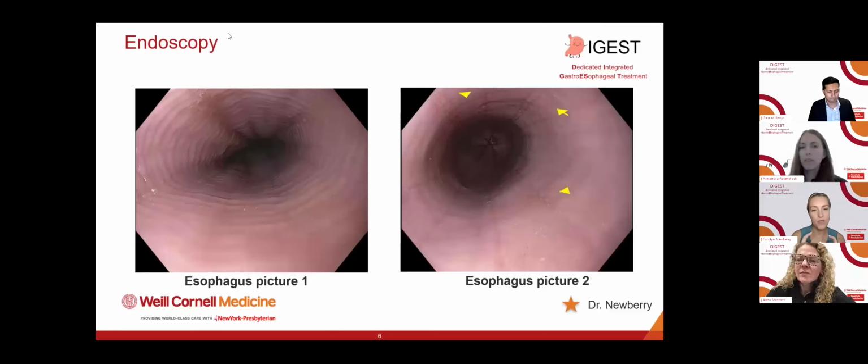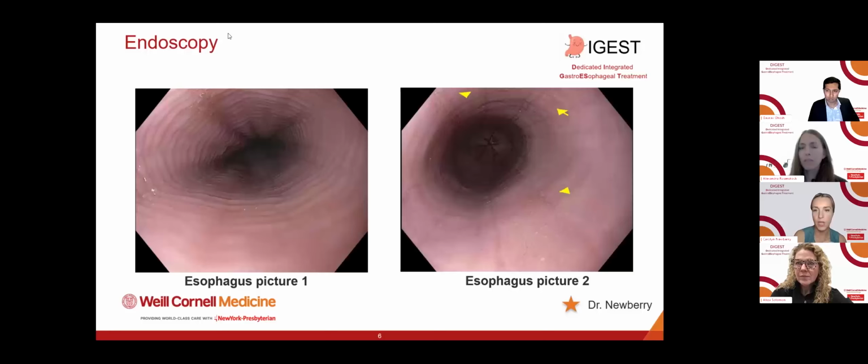But I don't know if you noticed the rippling in the first picture, it almost looks like ocean waves. And that really is not something we see in a healthy esophagus. It's a texture change. It's that difference in the rings that you're seeing. And on the right side of the picture, you're seeing these vertical lines going down the esophagus.